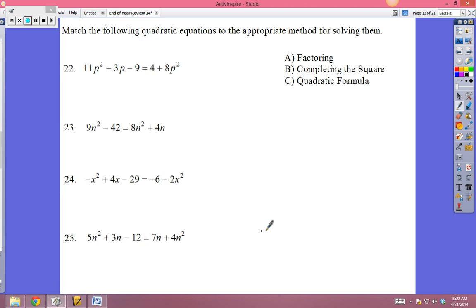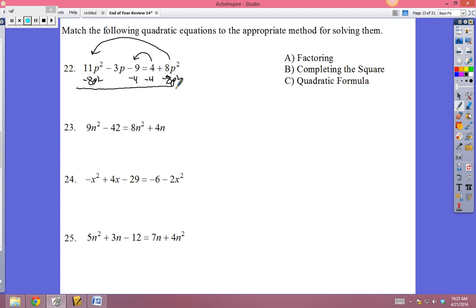Okay, these quadratics, some of them are easy if you use factoring, some of them are completing the square, and some of them are quadratic formula. So the first thing you got to do on all 4 of these is get everything to the same side. So let's move this 4 over, and let's move these squares over. So let's minus 4, let's minus 4, and let's minus 8p squared on both sides.